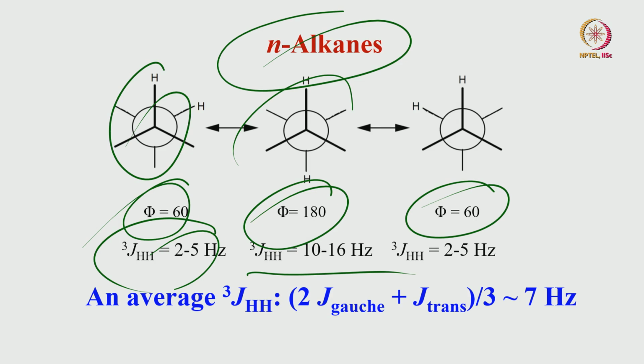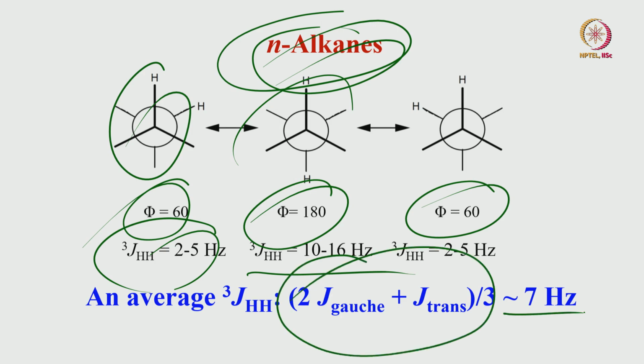It depends upon the dihedral angle between these protons, these groups. So, on an average 3 bond HH coupling is of the order of 7 hertz, because we have gauche and trans coupling to be taken, and then take the average of that, it is 7 hertz. It is an average conformation. If you get a 7 hertz coupling when you measure, it means it is the average conformation.